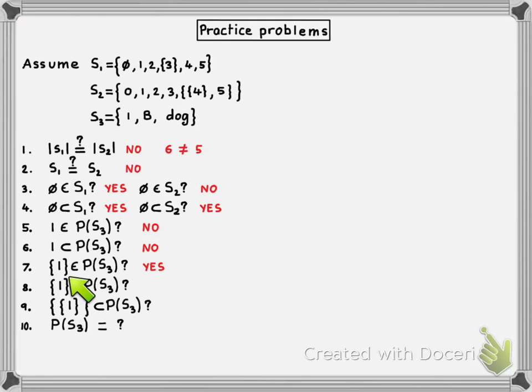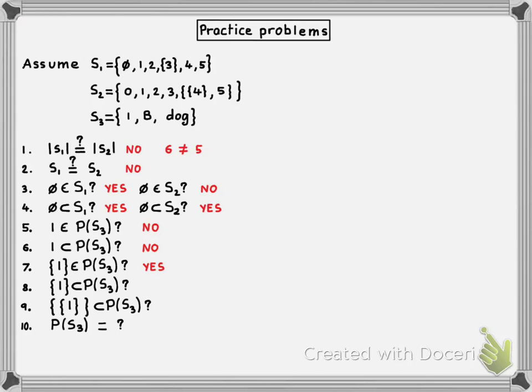How do you check that? Well, you take all the elements of this set and you make sure they also belong to S3. Here there's only one element, the number 1. 1 is also in S3. Therefore, this is indeed a subset of S3, and therefore by definition it's an element of the power set of S3.